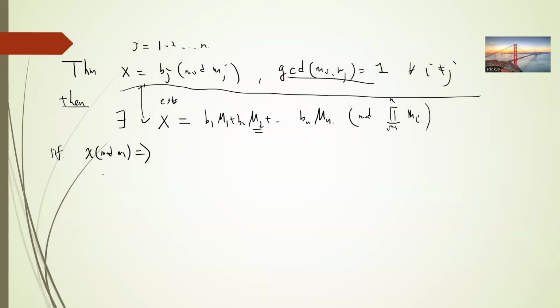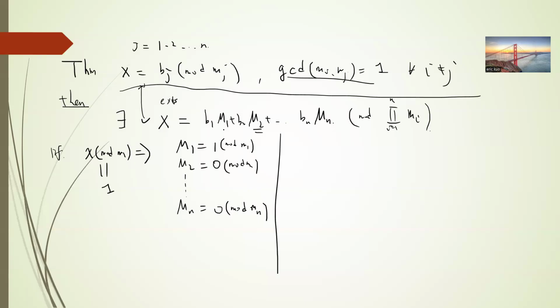So I hope capital N1 is 1 modulo m1, and also N2 is 0 modulo m1, up to Nn is 0 modulo m1.